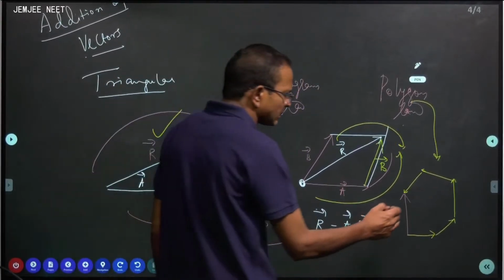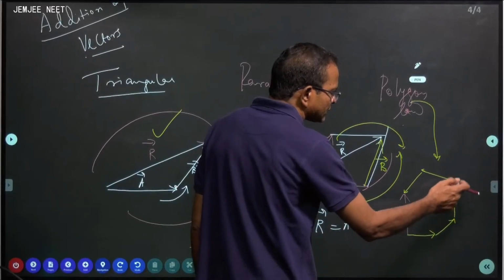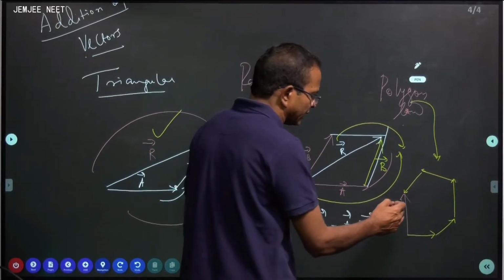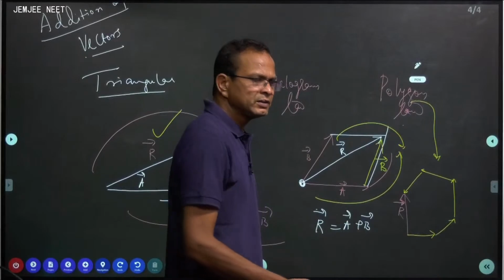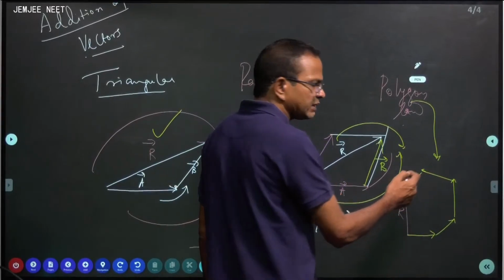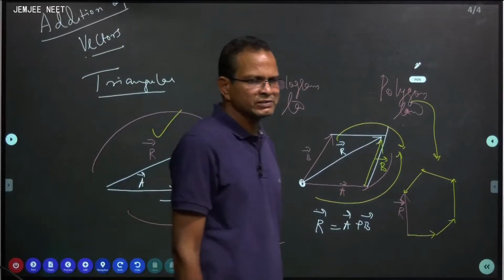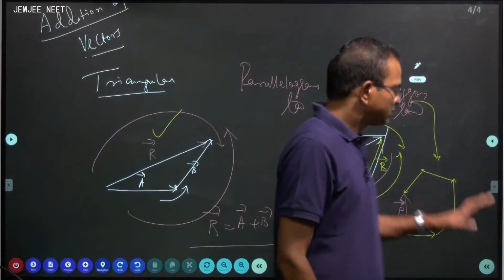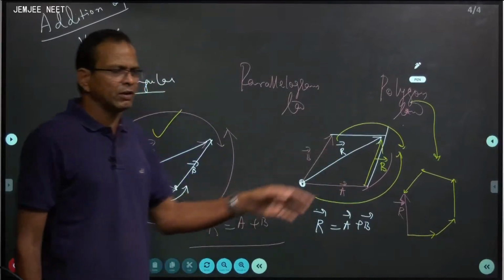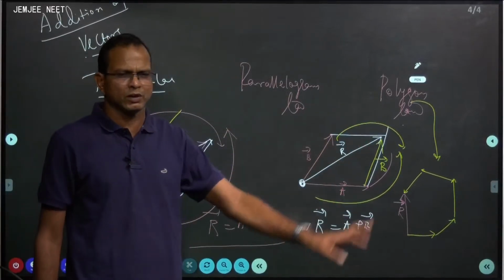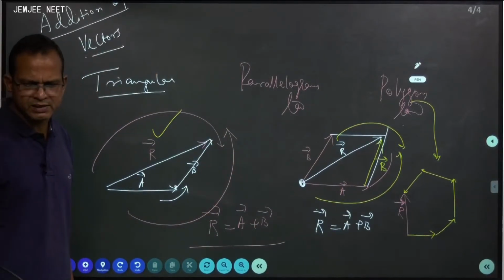So R vector equals A vector plus B vector plus C vector plus D vector plus E vector, and whatever else you need. Finished. All three are one and the same.